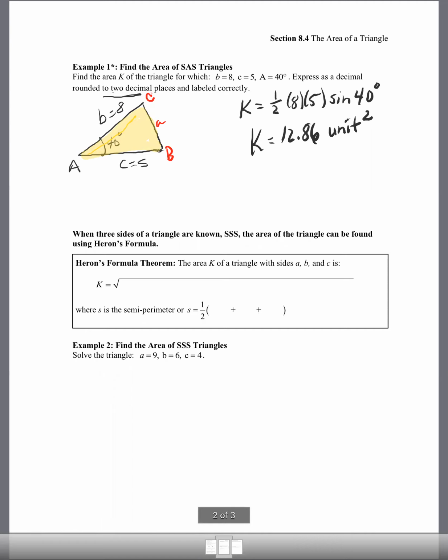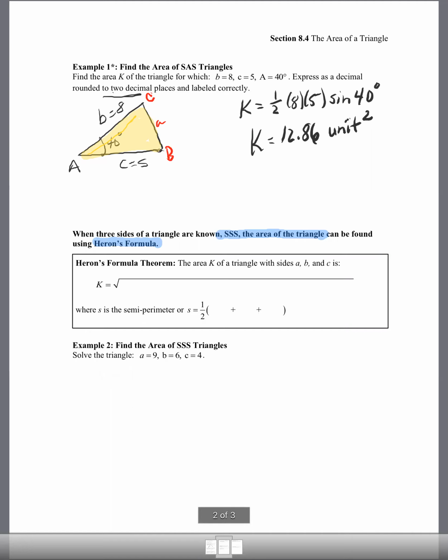Okay. If we go to this next example here, you'll notice that this time they are giving us what they call a side, side, side. So when you're given 3 sides of a triangle and you're asked to calculate its area, we use something called Heron's formula. This is a formula that they've traced back to Greece, back in the time of Aristotle.